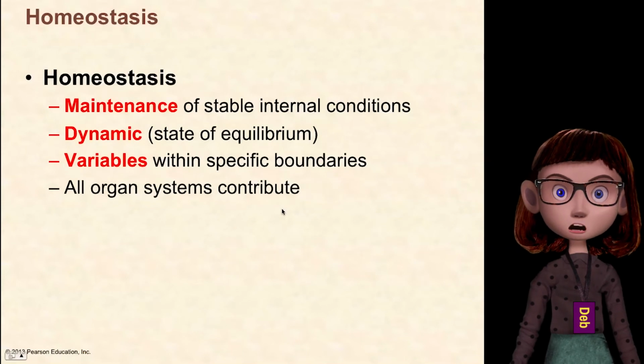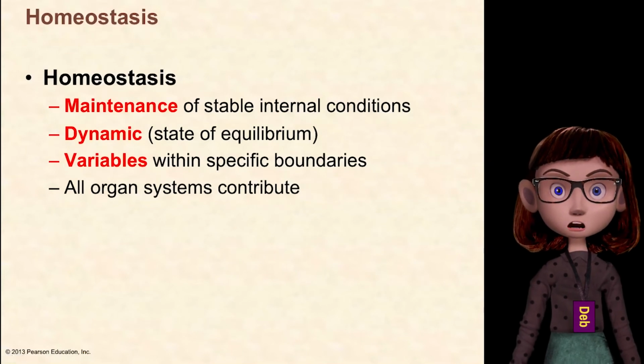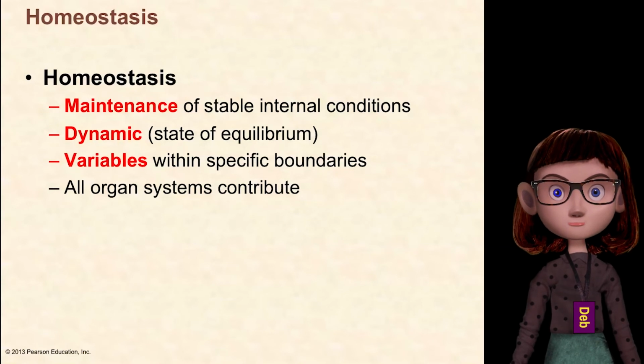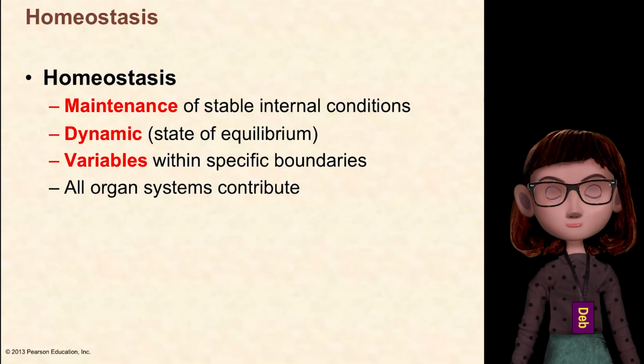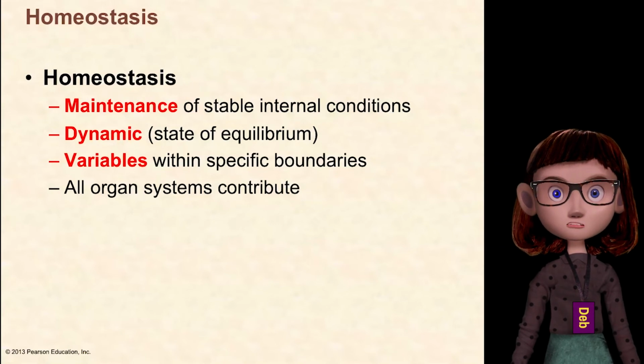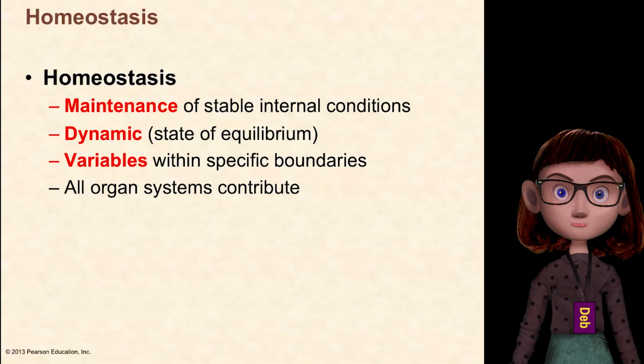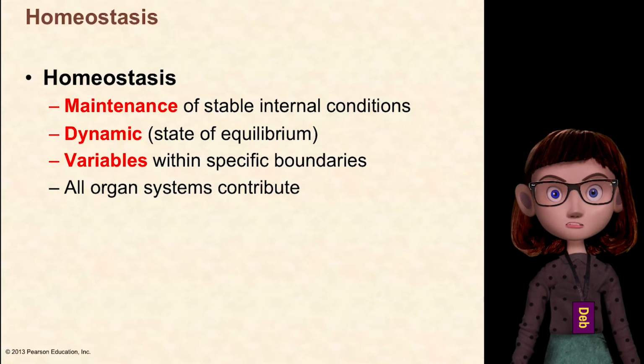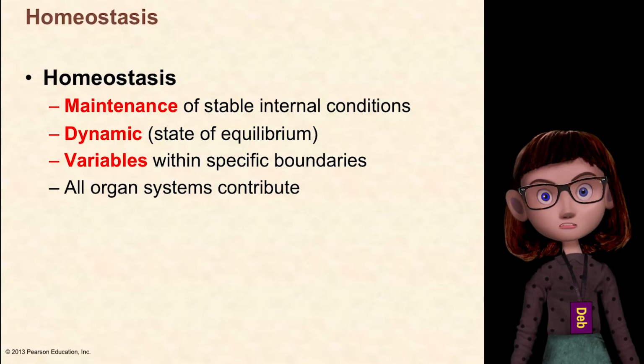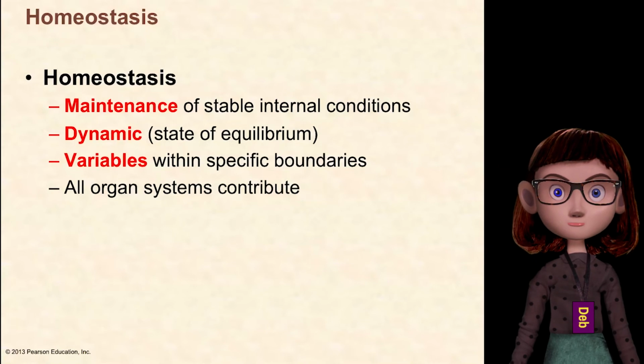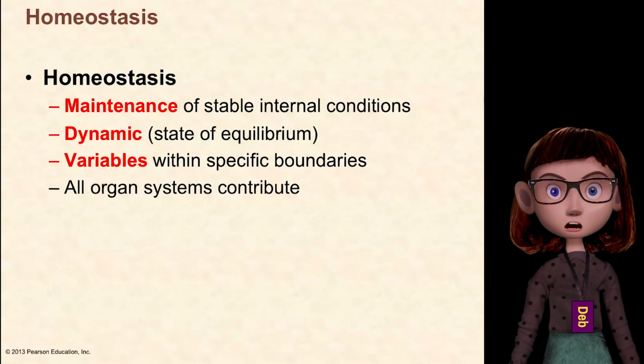Homeostasis, this is one of the most important concepts with living systems. Homeostasis is the maintenance of stable internal conditions. It's actually quite dynamic, meaning it's in a state of equilibrium. And generally we have two parameters or boundaries between which a certain variable has to stay.